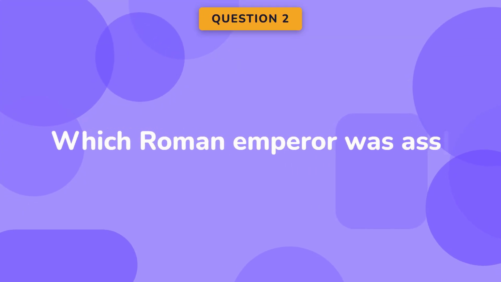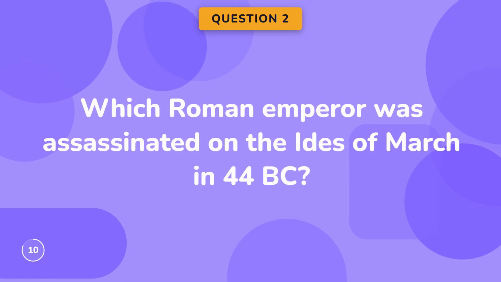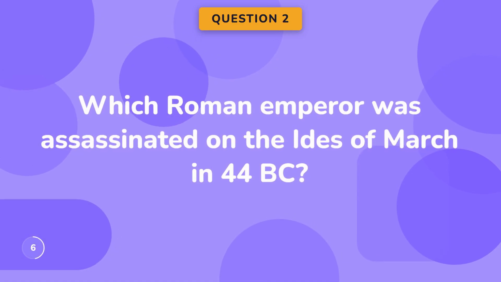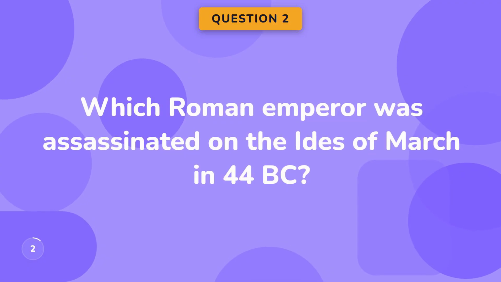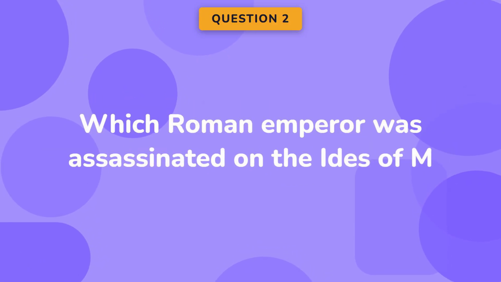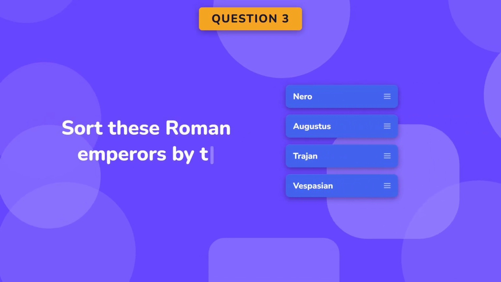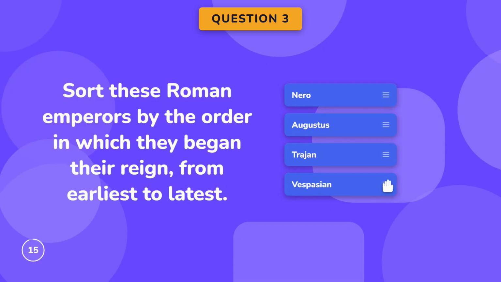Which Roman emperor was assassinated on the Ides of March in 44 BC? Sort these Roman emperors by the order in which they began their reign, from earliest to latest.